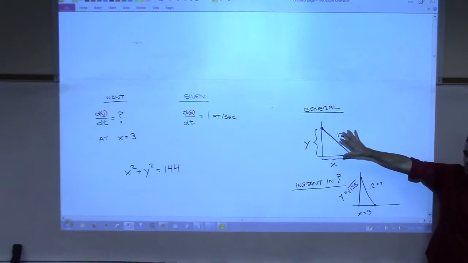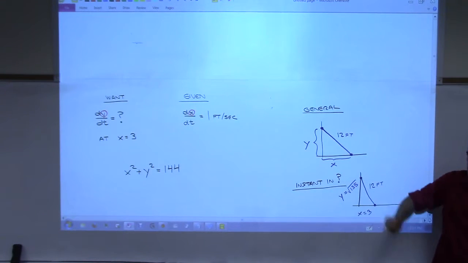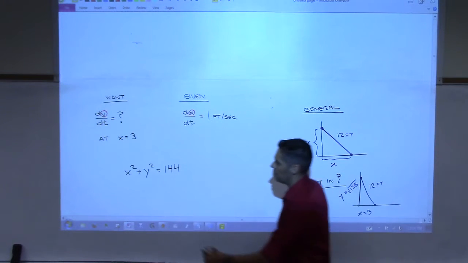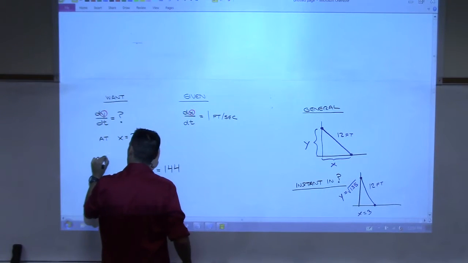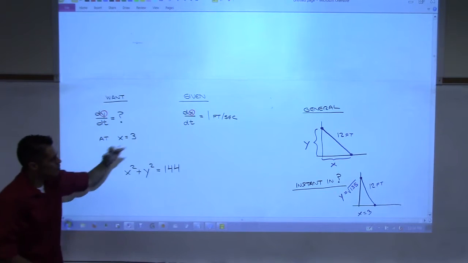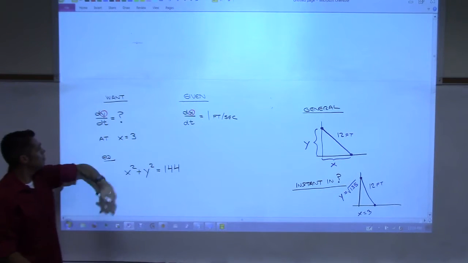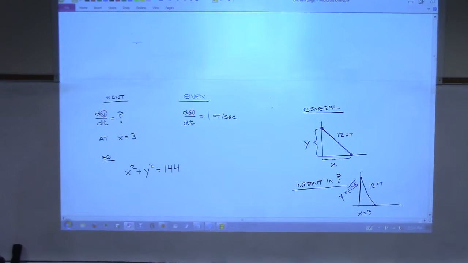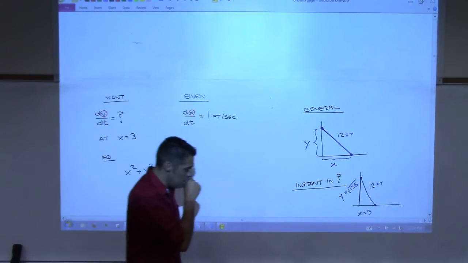It represents this physical situation, doesn't it? Let's differentiate that with respect to time. So this next step would have been find the equation. We draw two pictures, write down what we're given, write down what we want, and find the equation. Just found it. Now differentiate it with respect to time. So what is the derivative of this with respect to time?